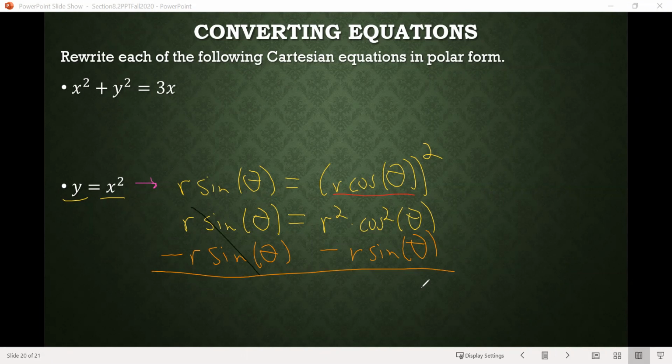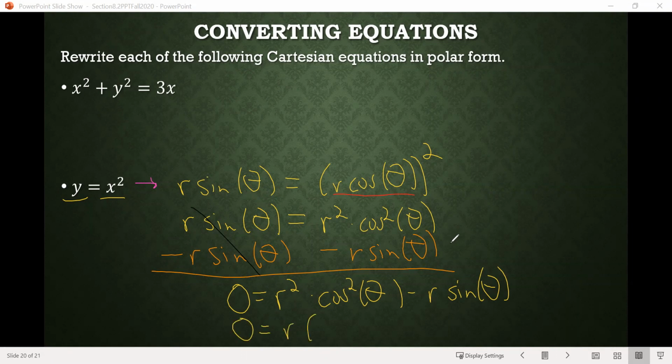We'll just have 0 on that left-hand side equals r squared times cosine squared minus r times sine theta. Can again factor out an r here, so I have 0 equals r times r cosine squared theta minus sine theta.